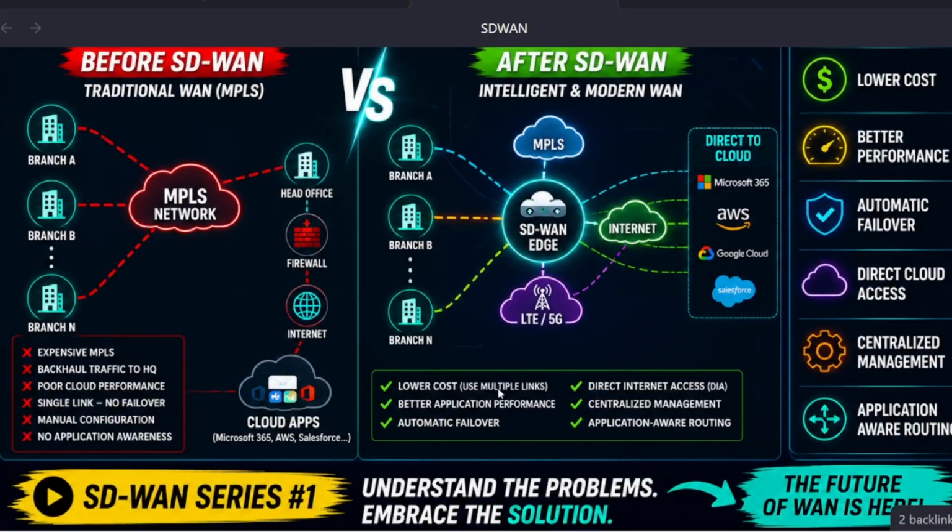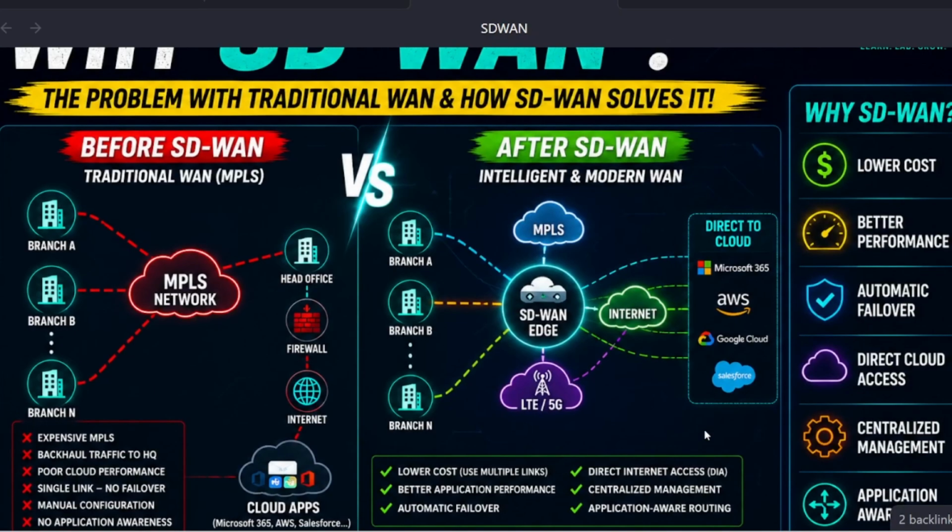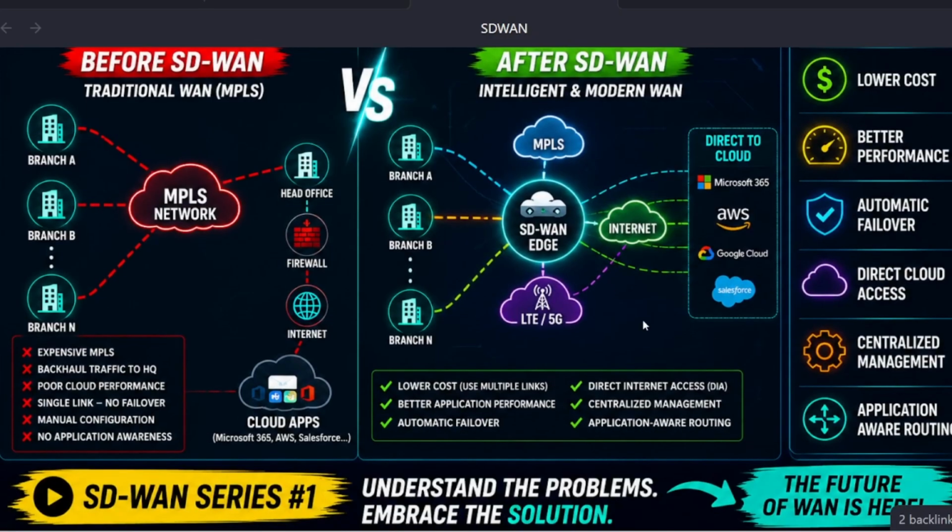Lower cost using multiple links, better application performance with application aware routing, automatic failover, direct internet access, centralized management through vManage. I will tell you guys what is vManage. So the benefits are lower cost, better performance, automatic failover, direct cloud access, centralized management, and application aware routing.